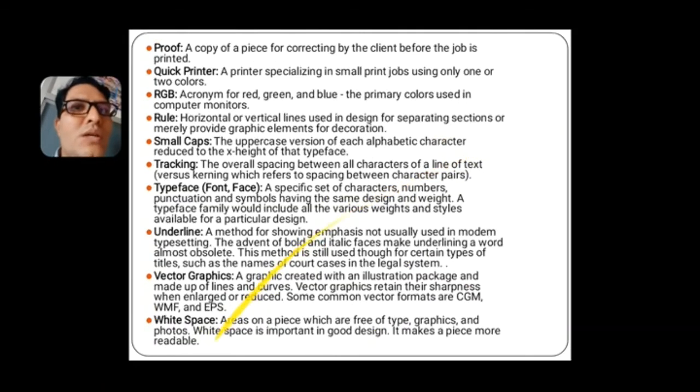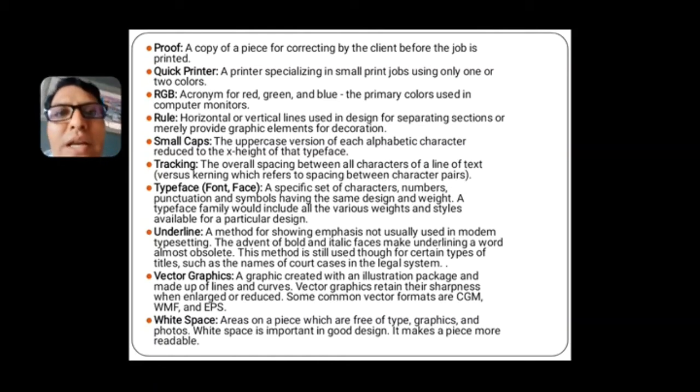So some other terminology is proof. So proof is also one of the terminologies. Let us see what a proof is. A copy of a piece for correcting by the client before the job is printed. So before we print our books or any magazines or any newspaper, we should know what we are going to get printed, right?